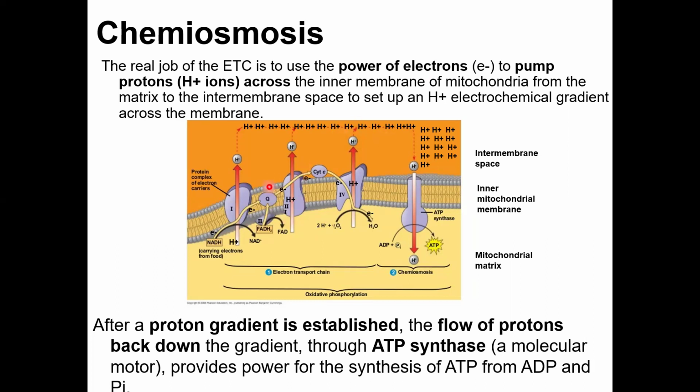Once this proton gradient is established, the protons flow back down the gradient through ATP synthase, which allows the ATP to form by giving it more energy to do that process.